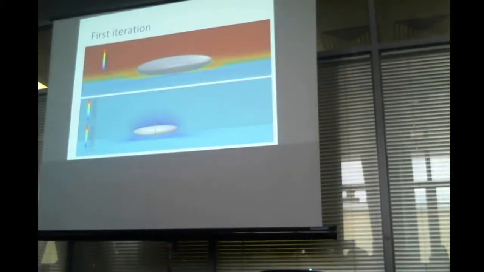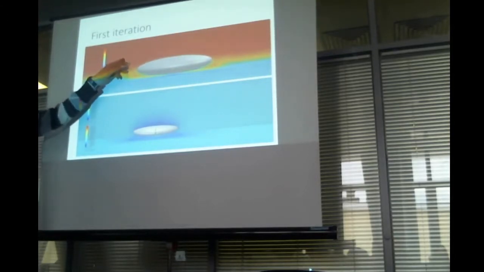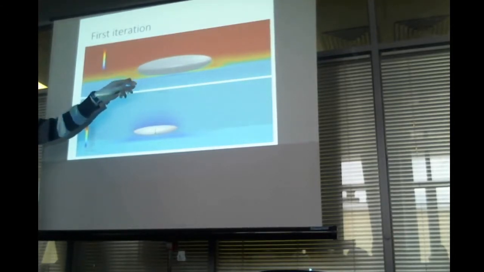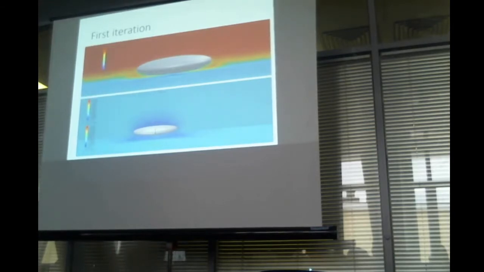So this is the first iteration. We see that this is the wind speed. It's lower here, higher here, and this part here also has higher wind speed, and this is the pressure simulation.